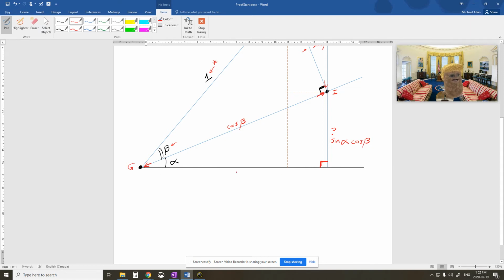If I do the bottom one now, let's get rid of that question mark. Let's put the question mark down on the bottom, from here all the way down to the very end. That's going to be cos alpha is equal to question mark over cos beta. So that bottom question mark is going to be cos alpha times cos beta.